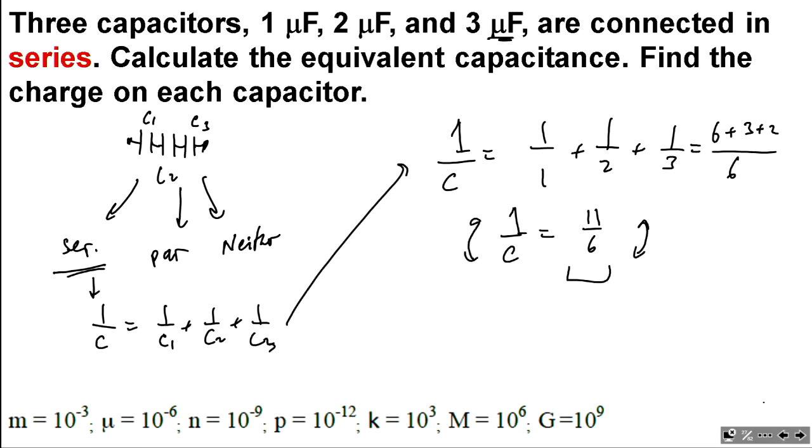We are not looking for 1 over C. We are looking for C over 1. Microfarads. All right. To calculate the charge, we need to know the voltage. Let's say 100 volts.